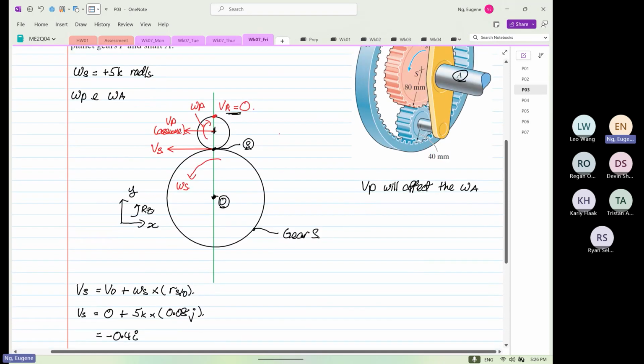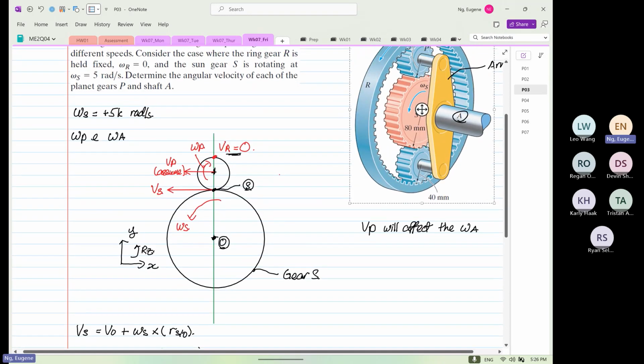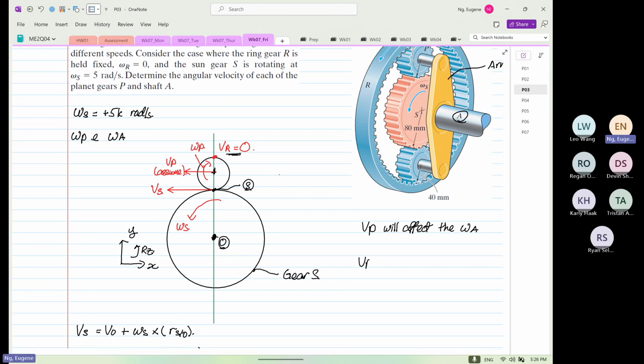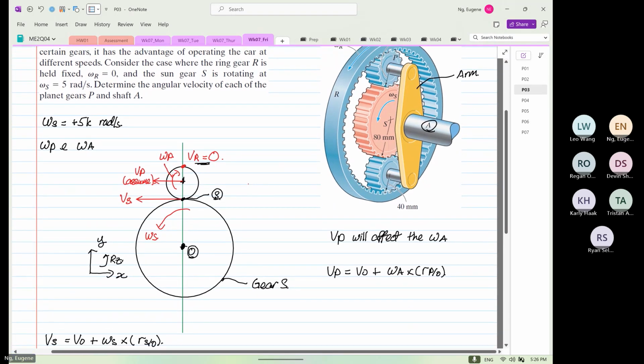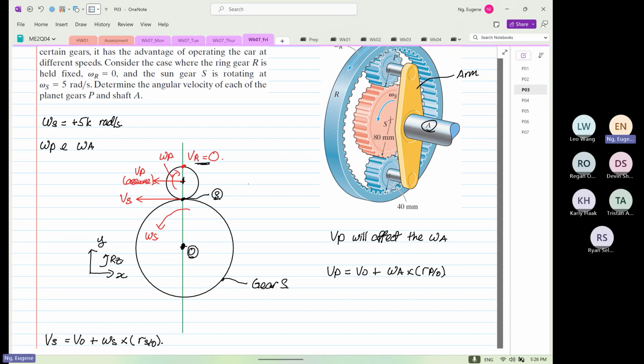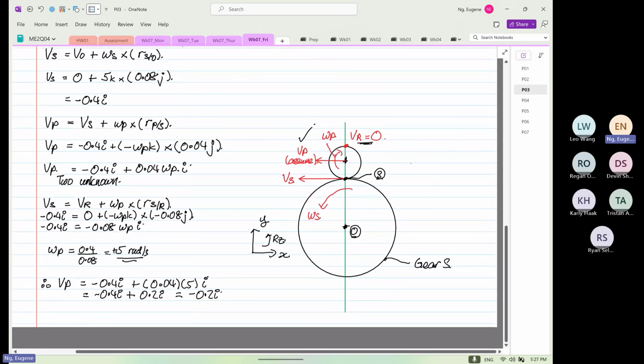The center of rotation is also at point O. So we can write that VP is equal to V naught plus omega A cross R P from point O. So we are going to find omega A. V naught is equal to 0 plus omega A. Did we find omega A?